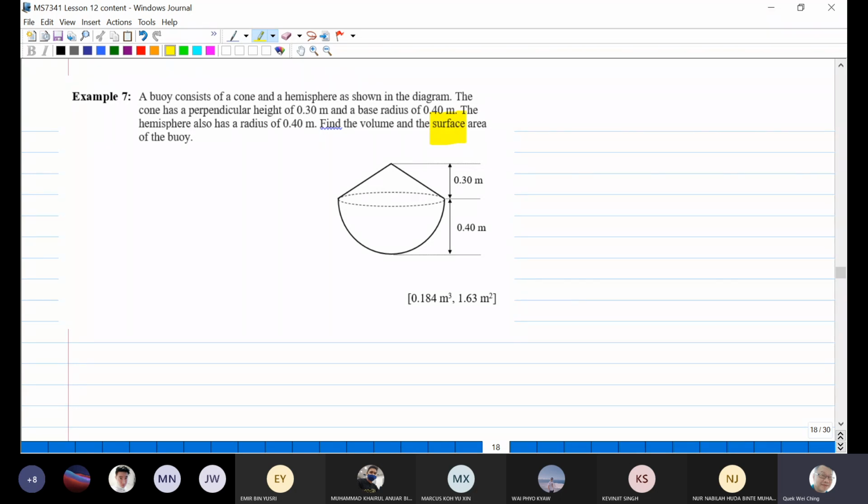So for surface area we have two of them. One of them is a cone. Okay, there's a cone here. How do we find the surface area of the cone here?